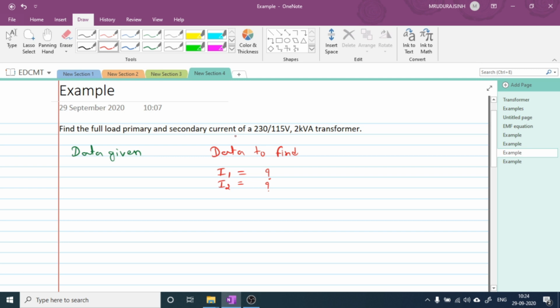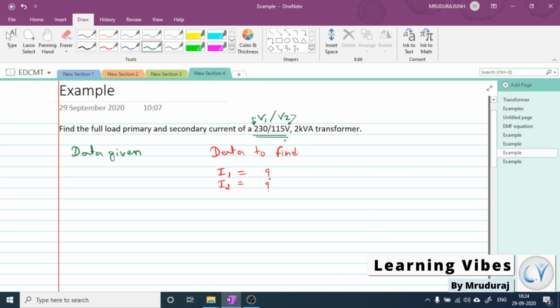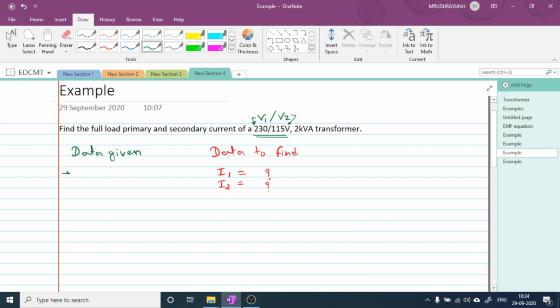Primary and secondary current of 230 by 115 volt. See, whenever the data is given like this 230 by 115 volt, this means it is V1 by V2. So V1 that represents primary voltage and V2 that represents secondary voltage. So the primary voltage is 230 and secondary voltage is 115 volt. It means a step down transformer, right?